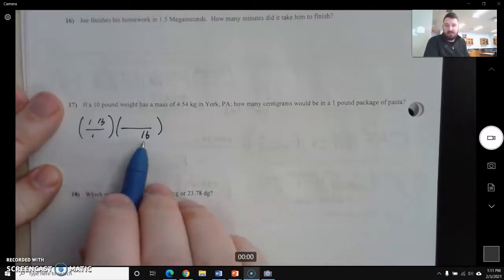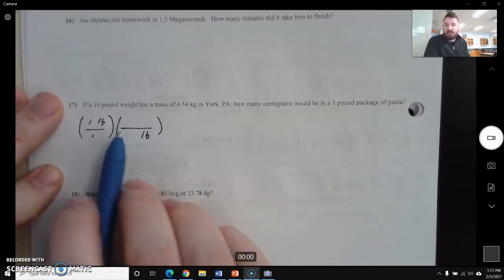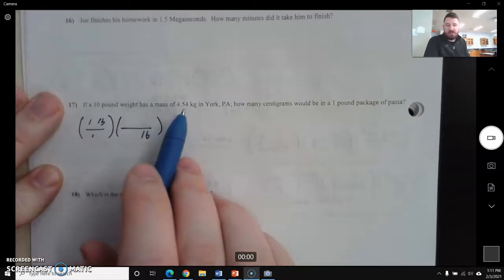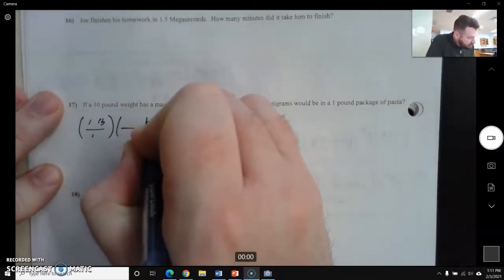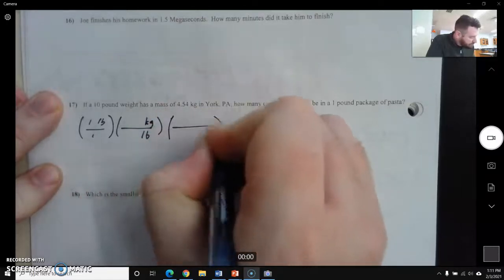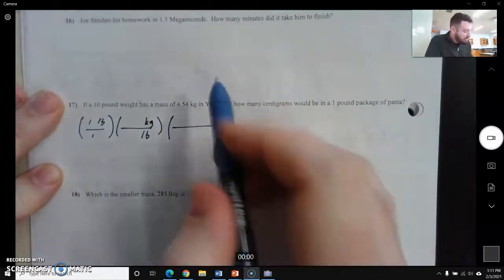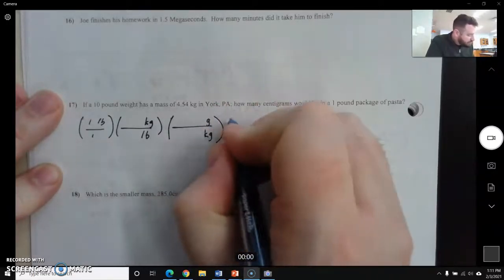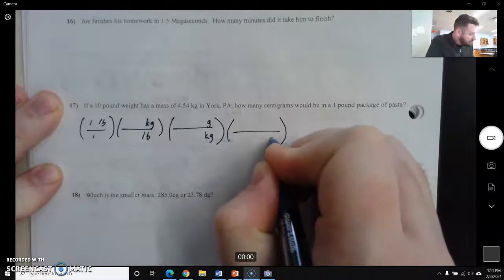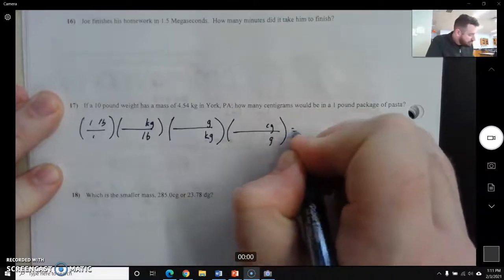LB is my abbreviation for pounds. And it tells me pounds is equal to kilograms. So I should be able to go from pounds to kilograms. Right? We want to end up at centigrams. So I can go from kilograms, not to centigrams, but grams, and then grams to centigrams.